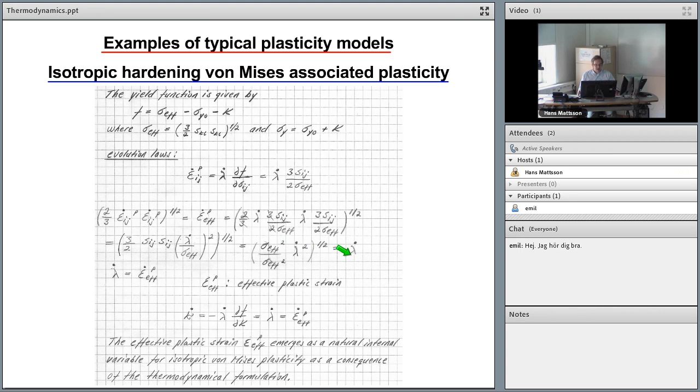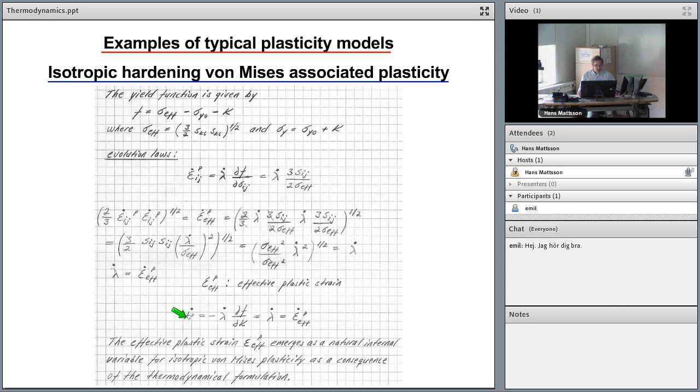So the effective incremental plastic strain is equal to the plastic multiplier.